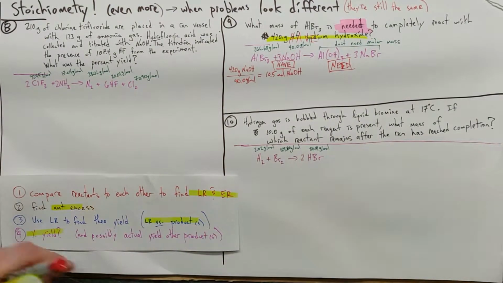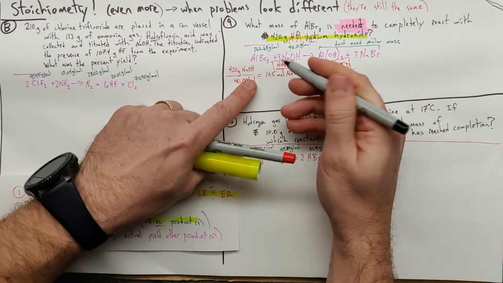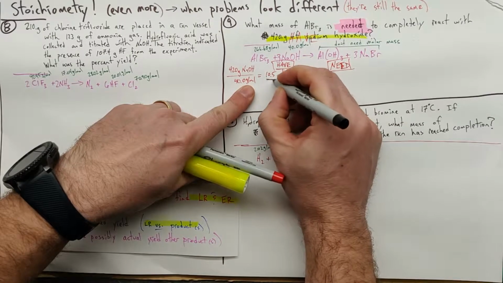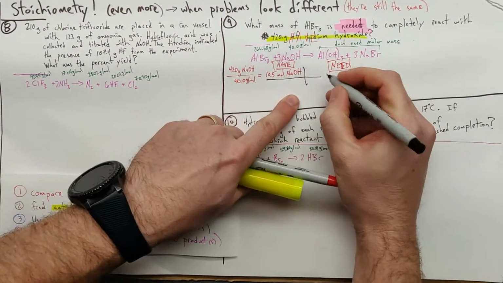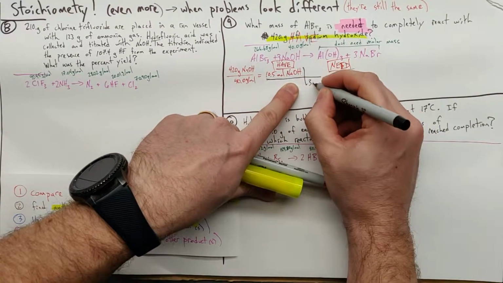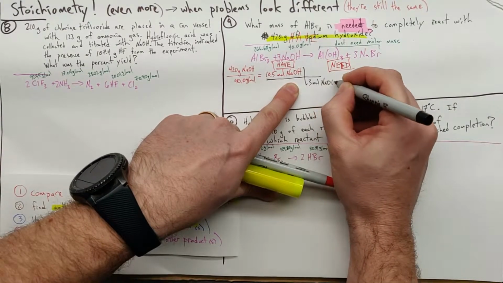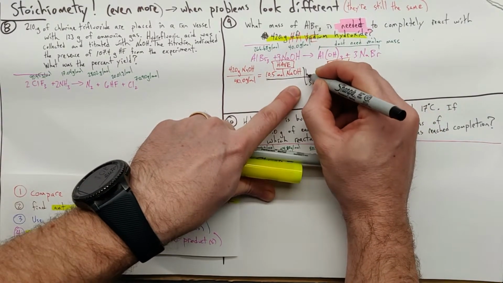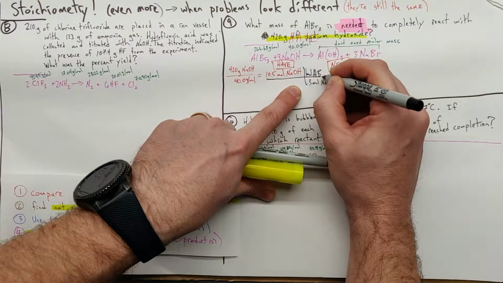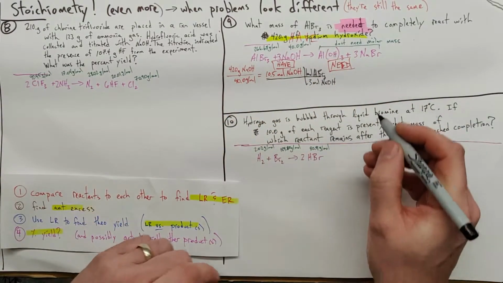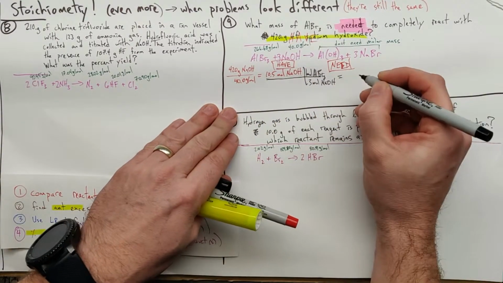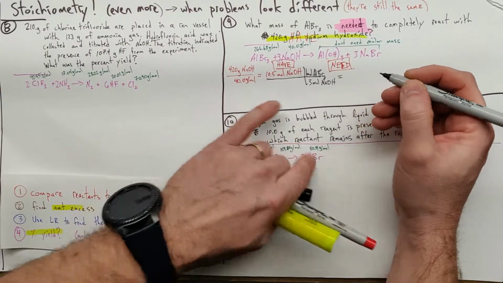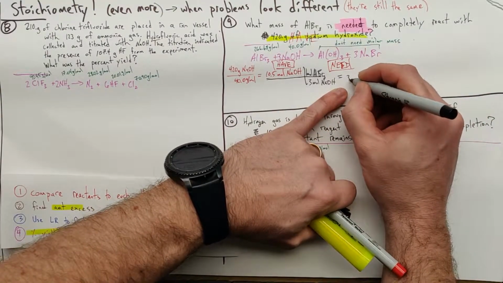We have one number. We can find one thing for starters. We know that for every 3 moles of sodium hydroxide, we have 1 mole of AlBr3. That's from our balanced chemical equation. So we end up with, in this case, 3.50 moles of AlBr3.